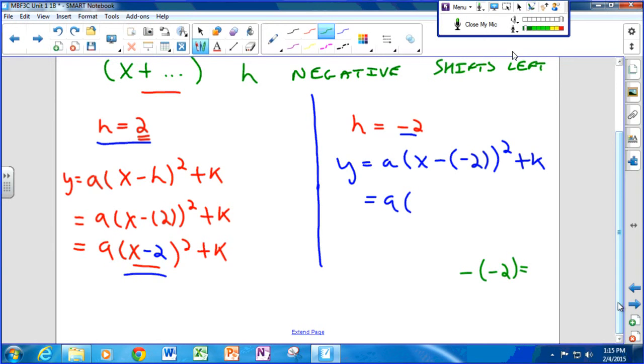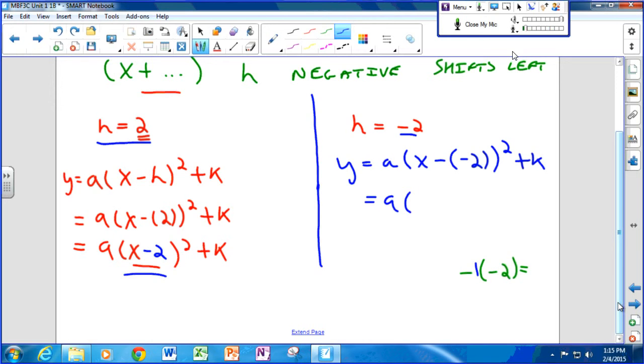Well, remember that when we have a negative sign in front of a bracket, what it means is negative 1. Just like if we have nothing in front of a bracket, if it's the first term in an expression or an equation, then it is assumed to be 1, even if there's nothing there. So we have negative times a negative.